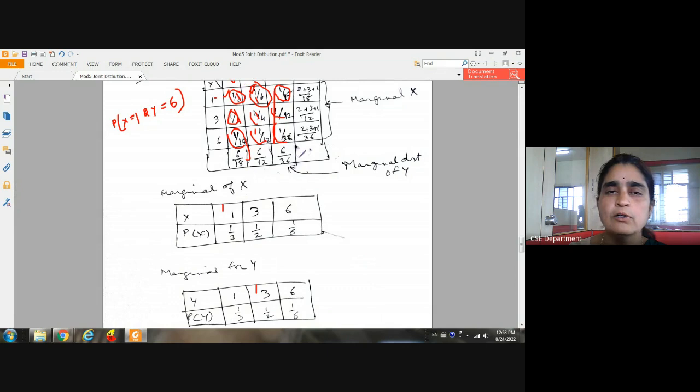If in each one the product of marginals gives the cell value, then yes, it is statistically independent. Even if there is one cell where the product of the marginals is not equal to the cell value, then x and y are not independent.